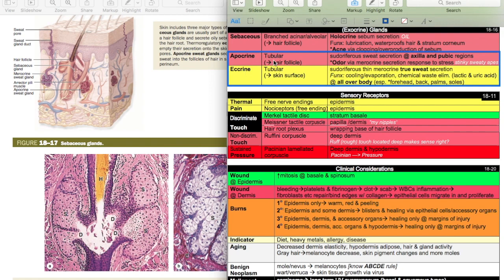All sweat glands are tubular, by the way. So sweat glands are tubular, but they're in different areas, and one stinks and one doesn't. So stinky, sweaty apes: apocrine. Apocrine sweat glands produce a sudoriferous, odorous sweat secretion.